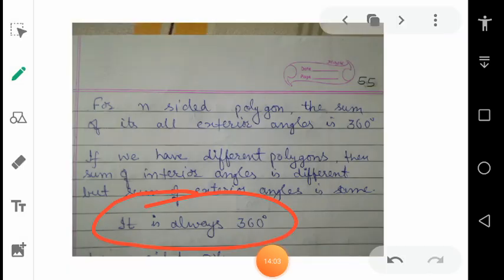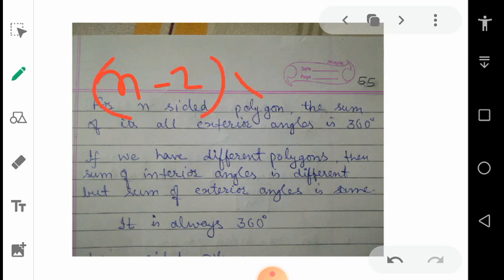Okay, for an n-sided polygon there are two important things. As in the previous video, I told you that the sum of interior angles is (n minus 2) times 180 degrees. This is the sum of interior angles.